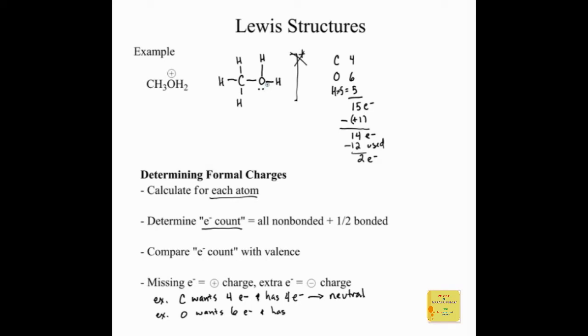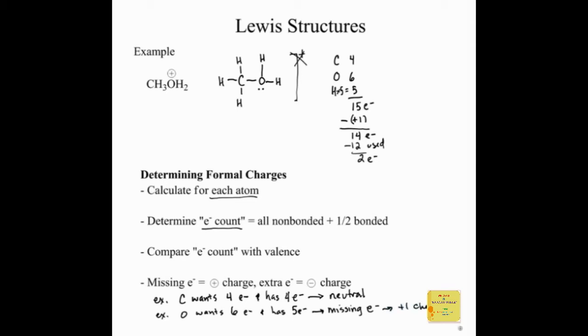Oxygen has 1, 2, 3, 4, 5 electrons. So it wants 6, but it has 5 electrons. That means that oxygen is missing an electron. It's 1 electron short, and if you're missing an electron, you're going to have a +1 charge.